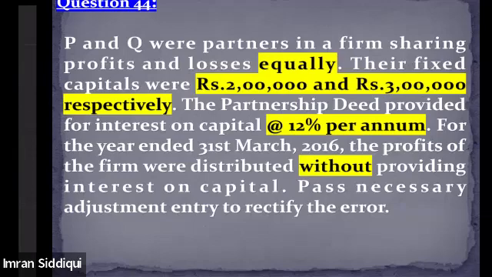That means the actual profit credited was in excess of what should have been credited. So now we will try to correct that by making the statement of past adjustment.